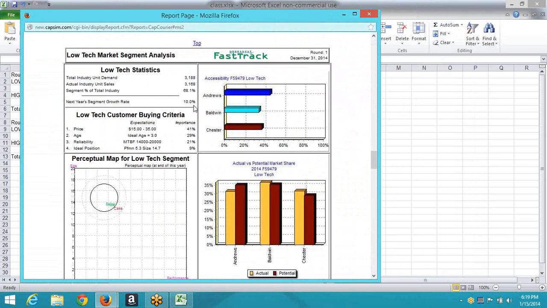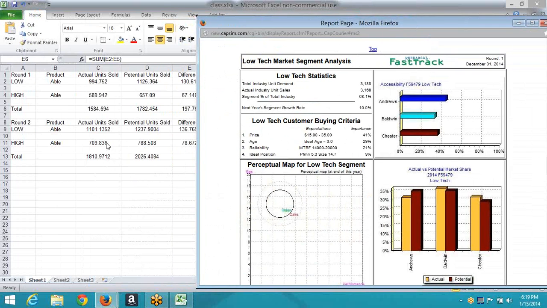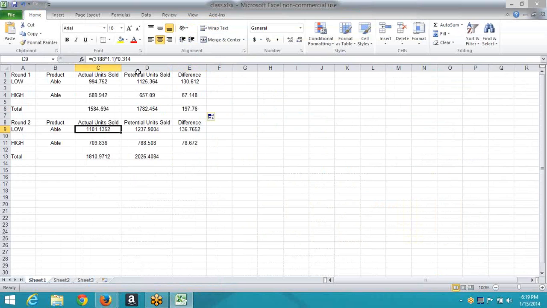So it says next year there will be 10% more people that will demand this unit. So there's 3,188 last year. 10% more is going to be 319. So you add those together, and I just did 3,188 times 1.1.